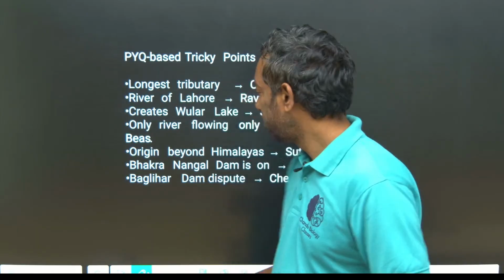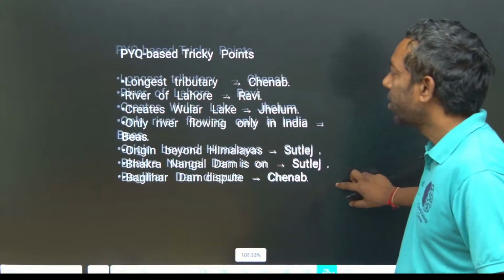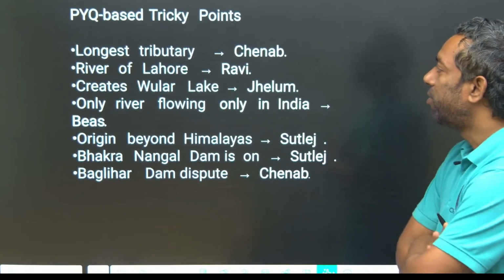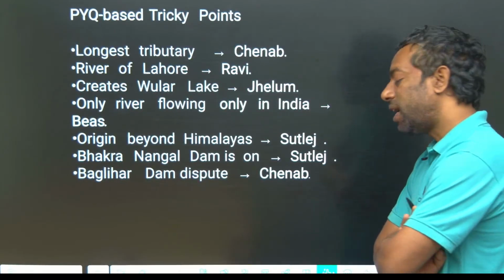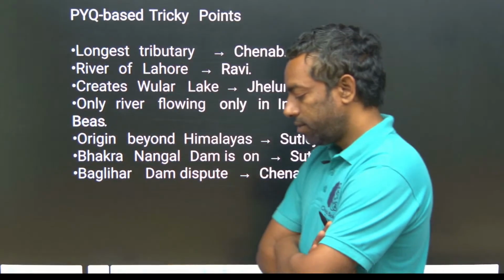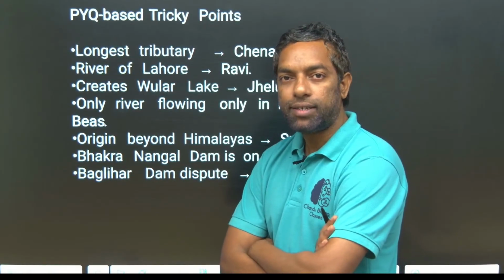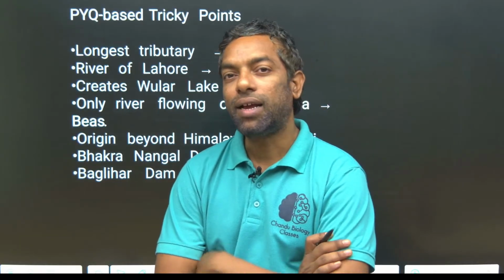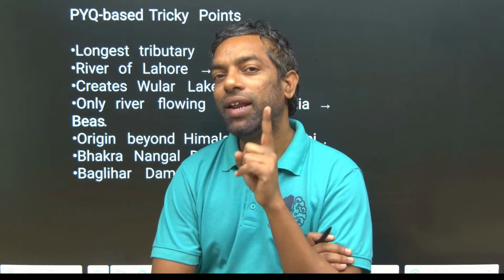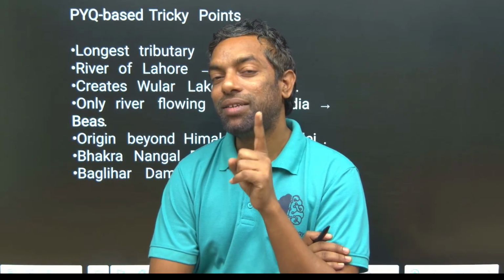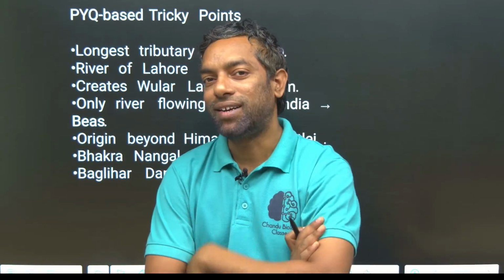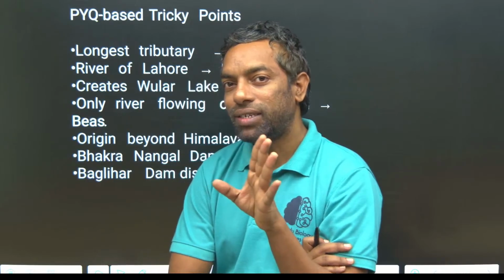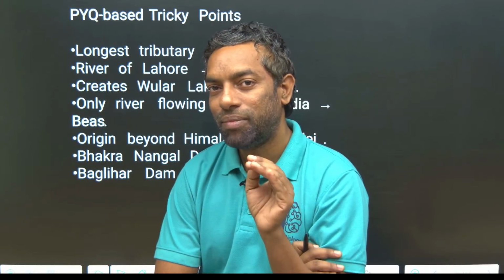So, the longest tributary of this Indus: Satluj is the longest river, but where does Satluj meet? Satluj meets at Mithankot, Pakistan. The longest tributary is not Satluj, it is Chenab. You may get confused.